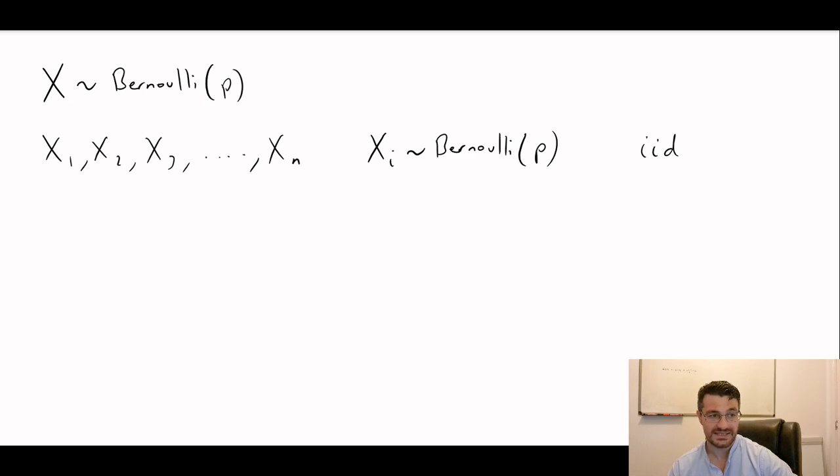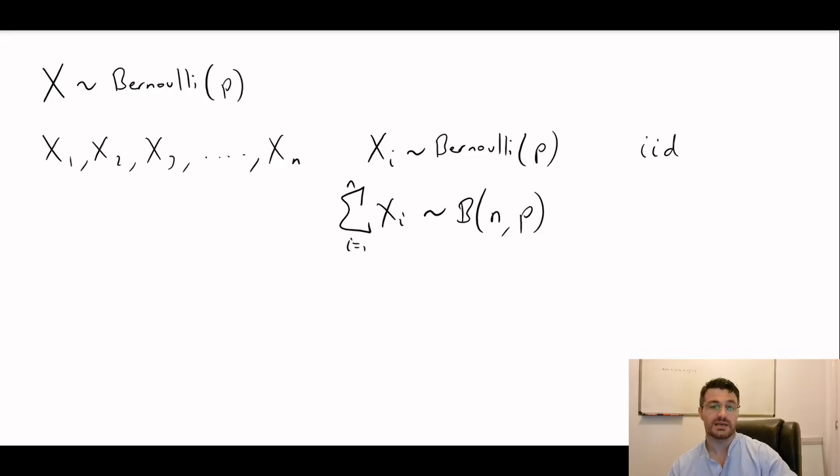So if all of these, x1, x2, x3, xn, are independent random variables and they're all identically distributed, then they're called IID. And if that's the case, then the sum of these xi's from i equals 1 to n can be shown to have a binomial distribution with parameters n and p.